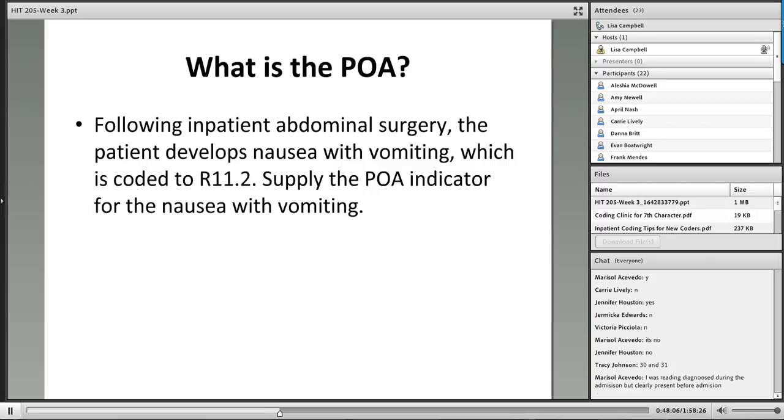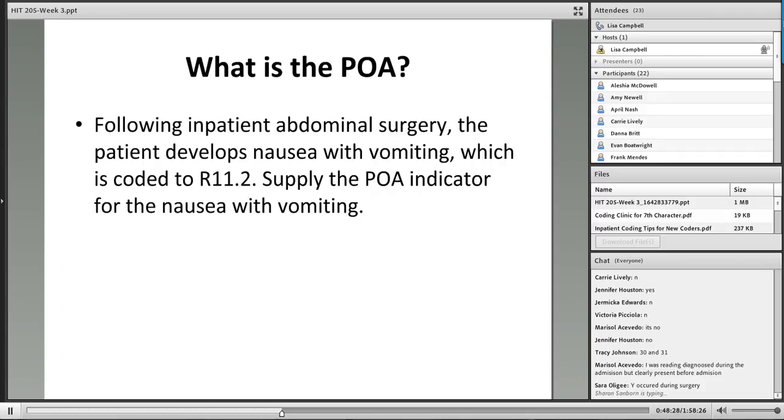Conditions that develop during an outpatient encounter, including emergency department, observation, or outpatient surgery, are considered present on admission. So let's look at some more.